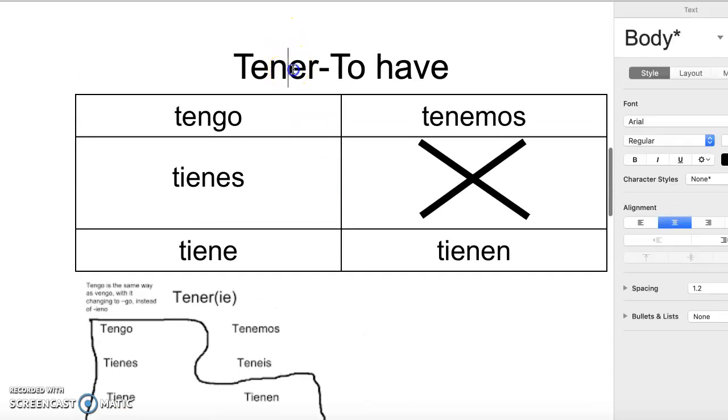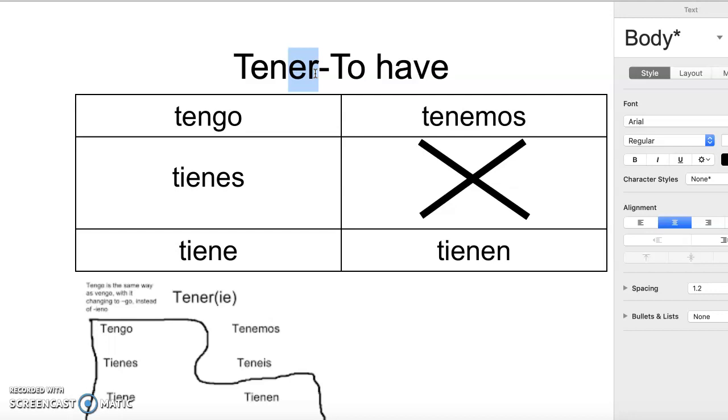Well, if ER is the ending of the verb, then everything before ER is the stem, or the root, or the base of the verb. You're going to hear me say stem most often. Occasionally I will say root of the verb, but most times you're going to hear me say the stem of the verb.